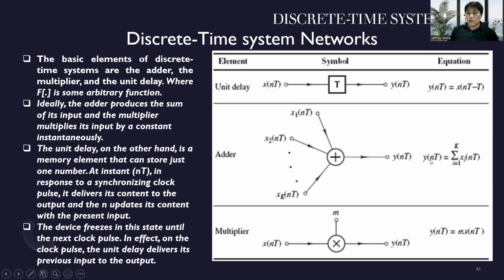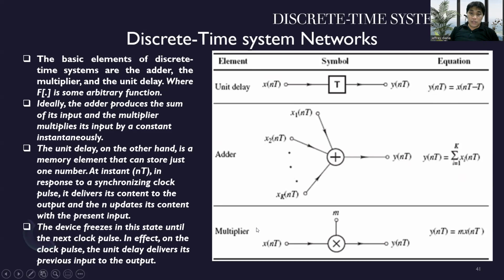The equation for the adder is y(nT) equals the summation from i equals 1 to K of x_i(nT).